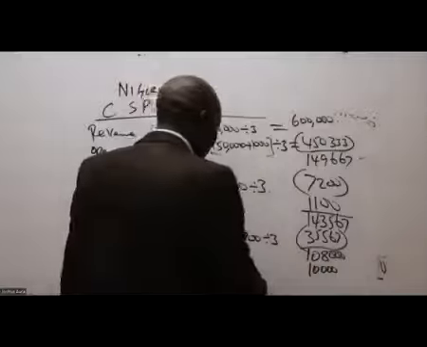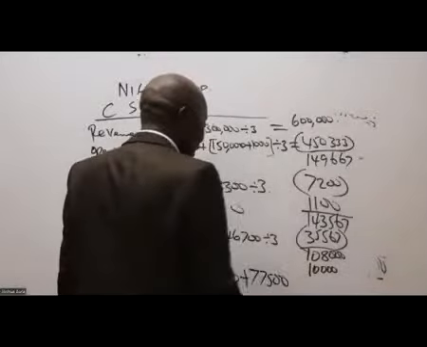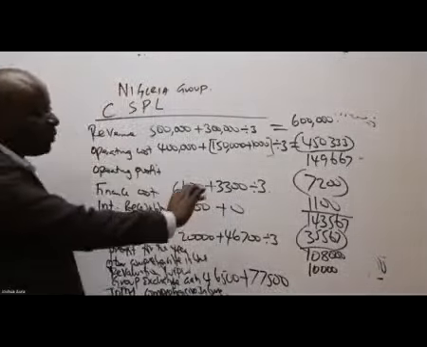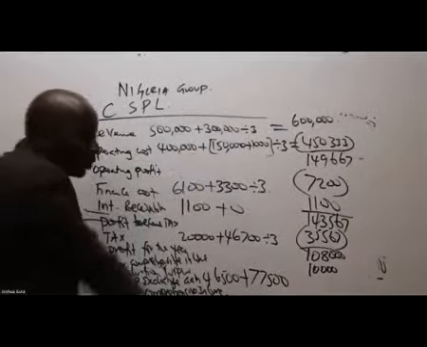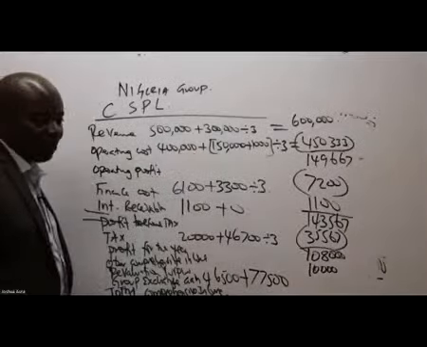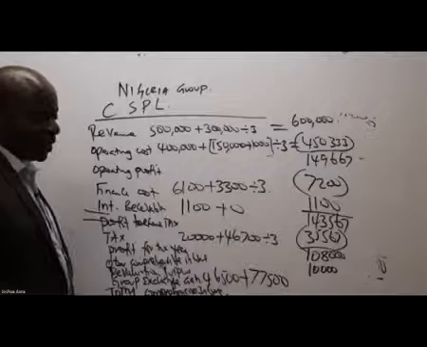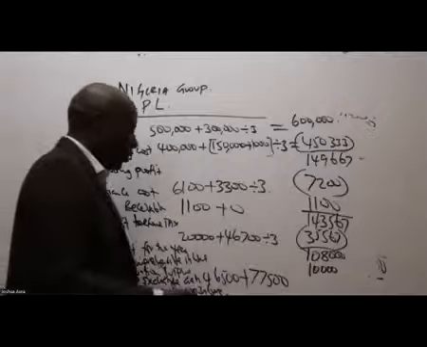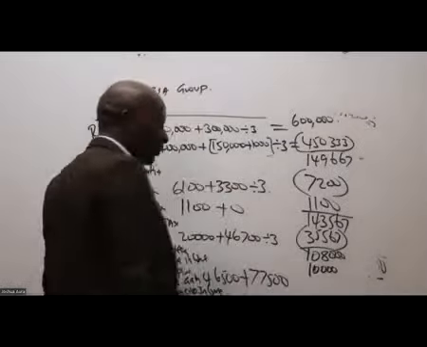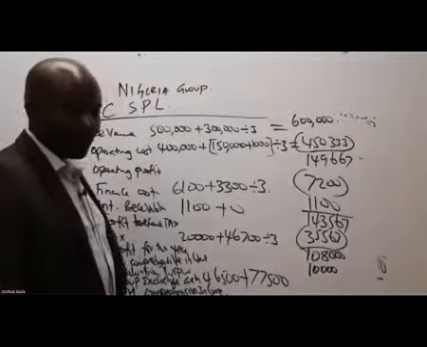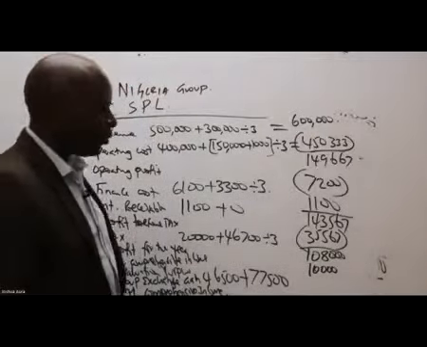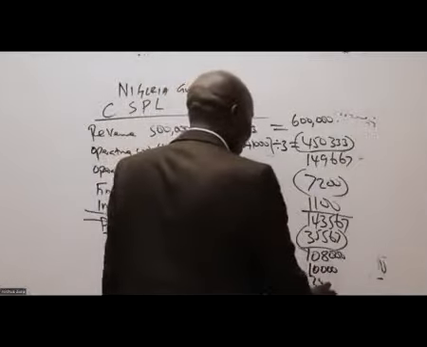I can't remember very well. 77.5, don't share. Here we don't share at all, because sharing normally, in the income statement, the sharing goes down there, and I shall never do that in an exam. So 46,500 plus 77,500, how much do we have here, somebody? 124,000. So here we have 124,000.